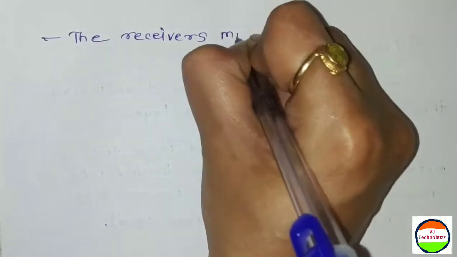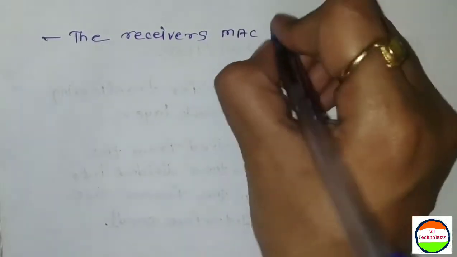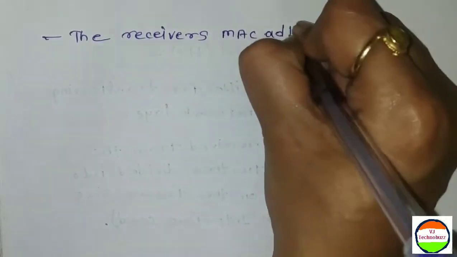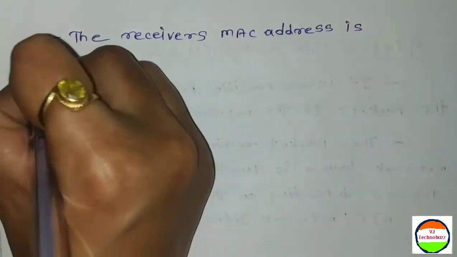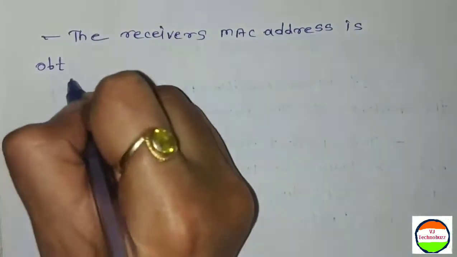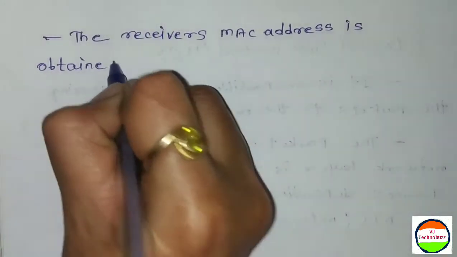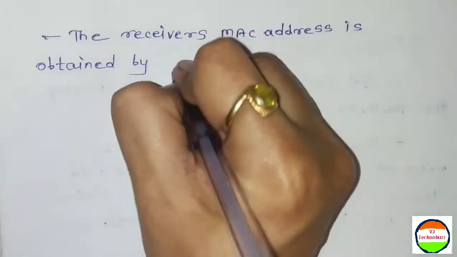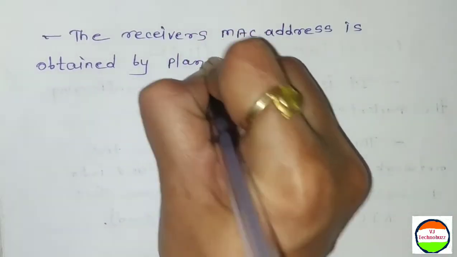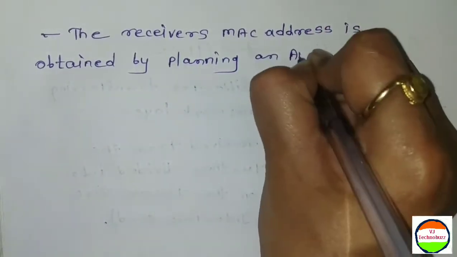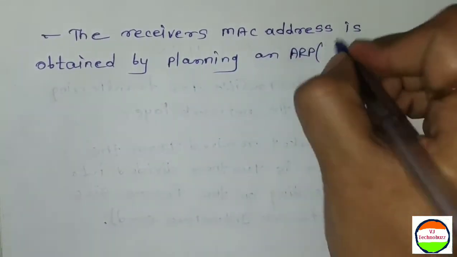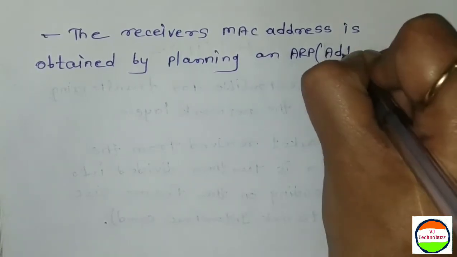The receiver's MAC address is obtained by playing an ARP, that is nothing but address resolution protocol.